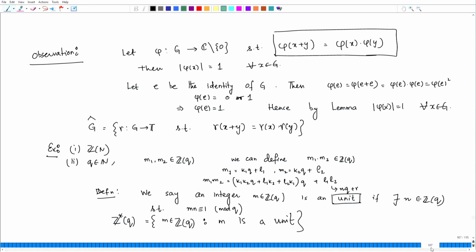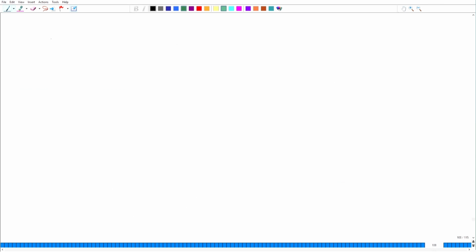Now, let us look at the particular case Z star 4. Now, you see Z 4 is equal to 0, 1, 2, 3. Certainly, 0 is not going to be a part of Z star 4.